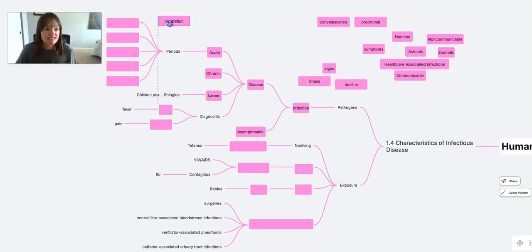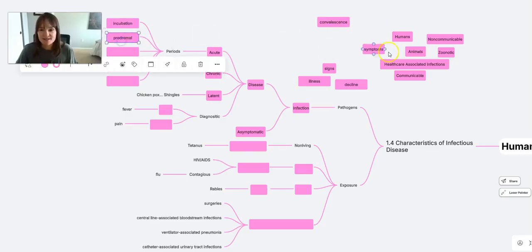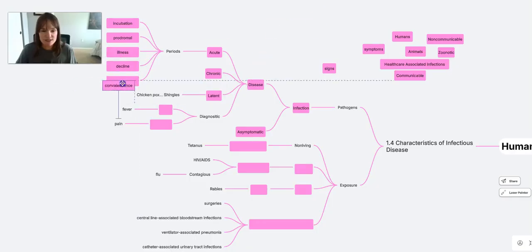The first period is incubation. The second period is the prodromal period. The third period is illness. The fourth period is decline. And the fifth period is convalescence.